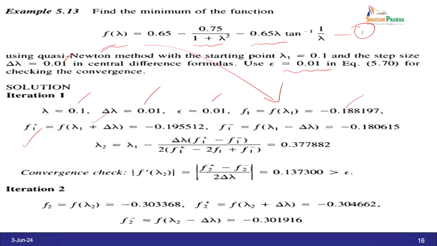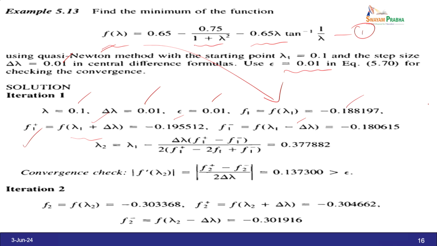Lambda_1 is 0.1, delta lambda is 0.01, and then you put it in the given function, equation 1. So, the net value is equal to minus 0.195512, and for f_1 minus, that is f of lambda_1 minus delta lambda, lambda_1 is 0.1 and delta lambda is 0.01, subtract it, you can get the value.